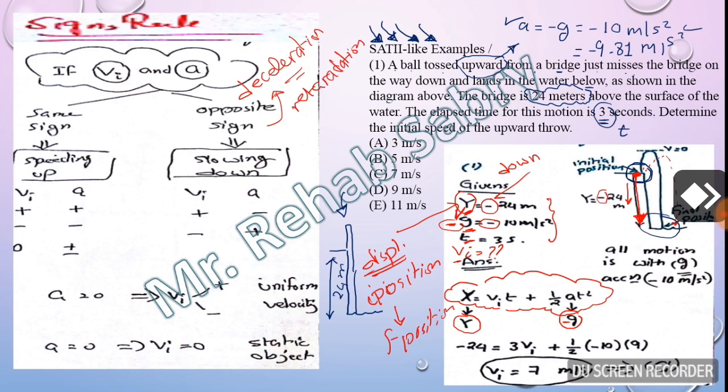So it will be negative 24 equals 3 vi plus half, g is negative 10, times t squared, 3 squared is 9. Solve this to find that vi equals 7 meter per second. So the correct answer is C.